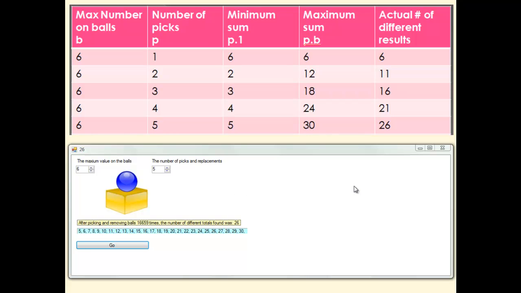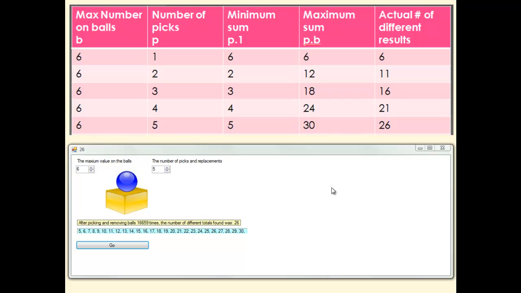We did this by investigation, and the formula we said was P times B less P plus 1. Now in that case it would be 6 times 5, which is 30, less 5, which is 25, plus 1, which is 26.